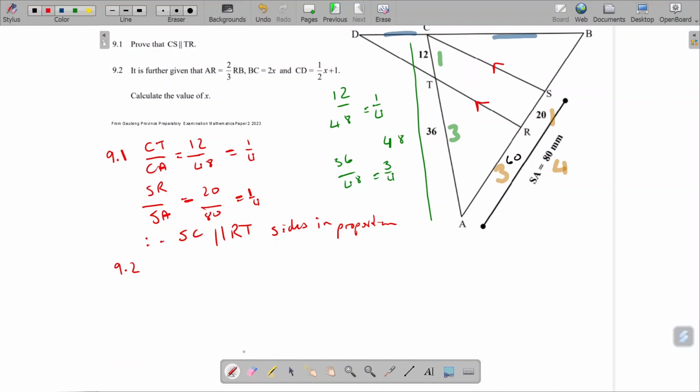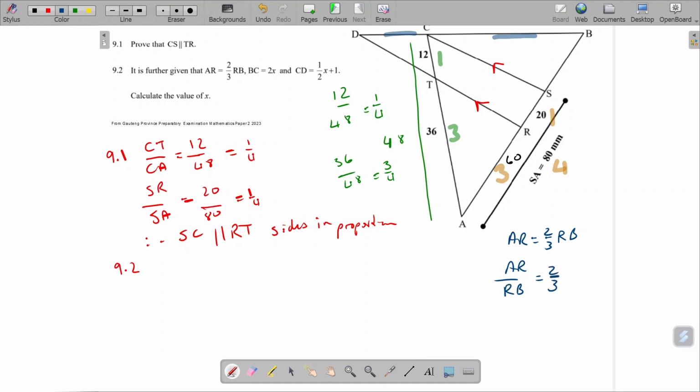We are told that AR, hold on, let's think that one through. We know that AR equals 2/3 of RB, sorry, I apologize, then we can rewrite this as AR over RB being in the ratio of 2:3.